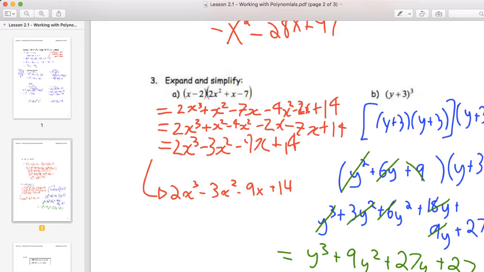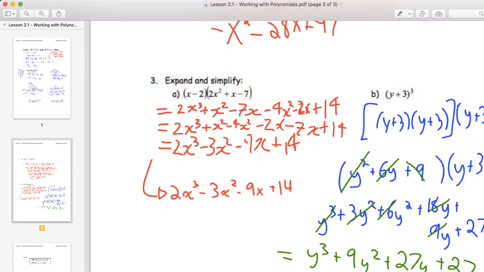We can move on to multiplying the negative 2 in our binomial. So now we have minus 2 times 2x squared, which is minus 4x squared. Then we have negative 2 times x, which is minus 2x. And then we have negative 2 times negative 7 for plus 14. So here we have 2x cubed plus x squared minus 7x minus 4x squared minus 2x plus 14.